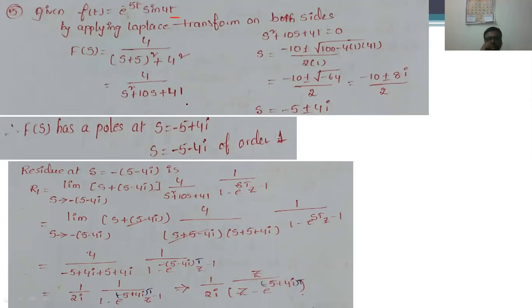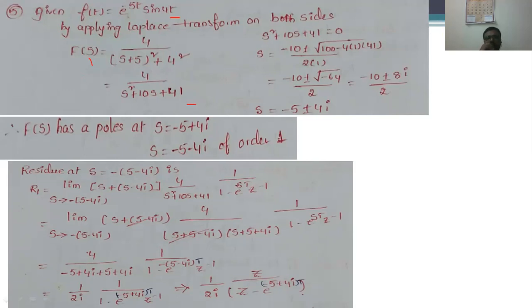That means the continuous function in the t domain is converted into the s domain. To obtain the z transformation, the function must be presented in the s domain itself, but the given question is in terms of f of t, so we applied the Laplace transform.